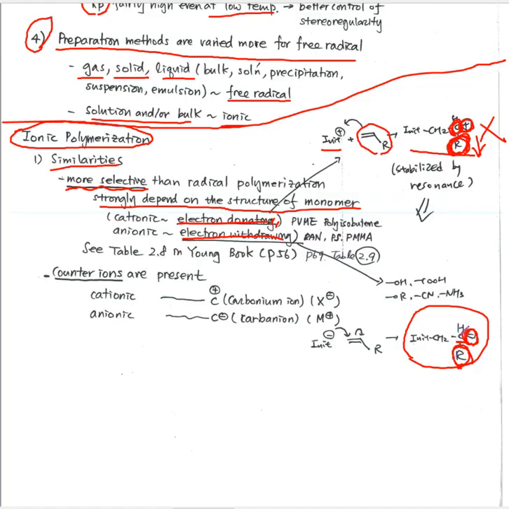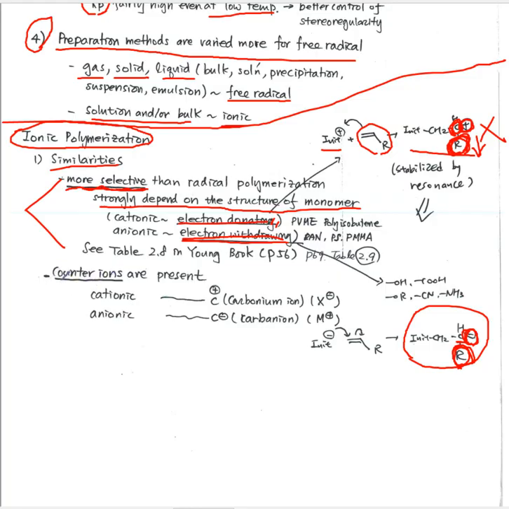This carbon does not need additional electrons, right? So this R group should be electron withdrawing in the case of an anionic active center. Okay? That's why we call it more selective.